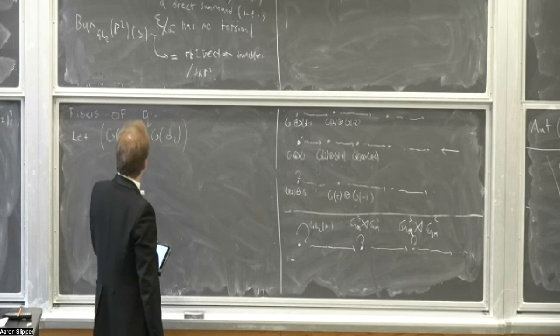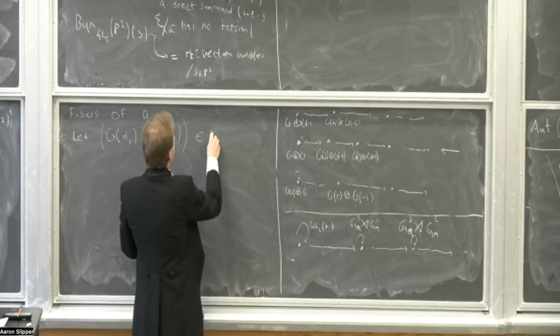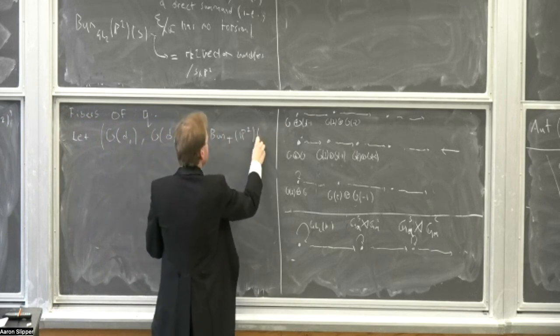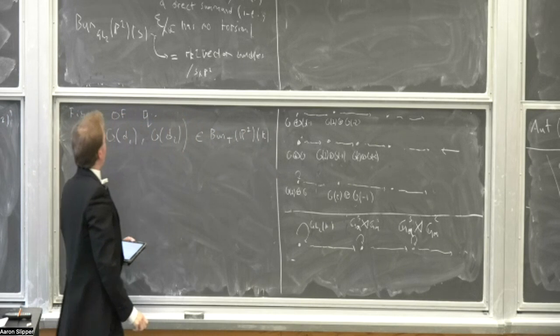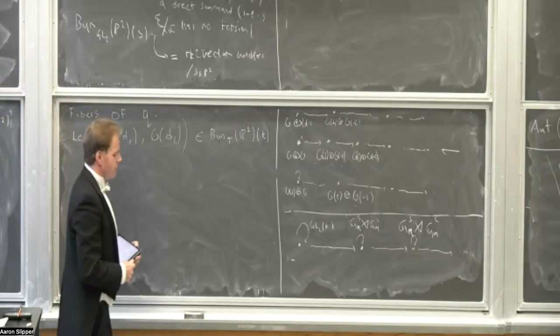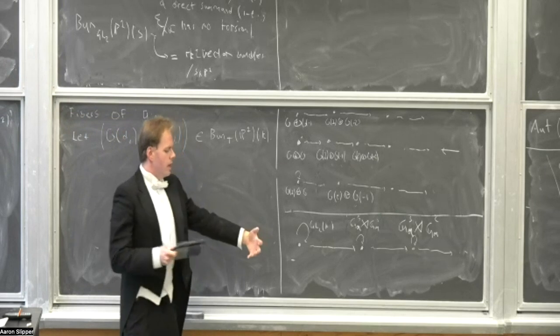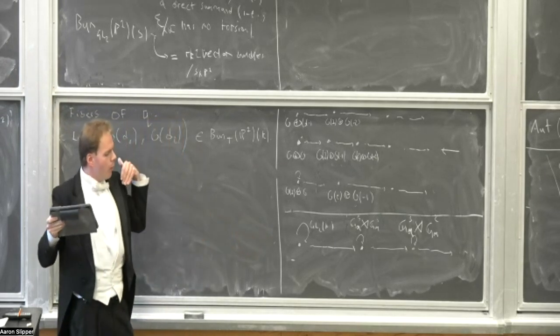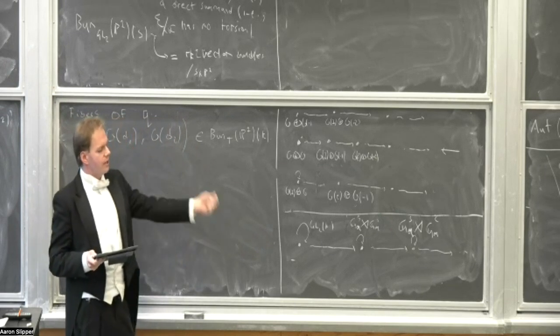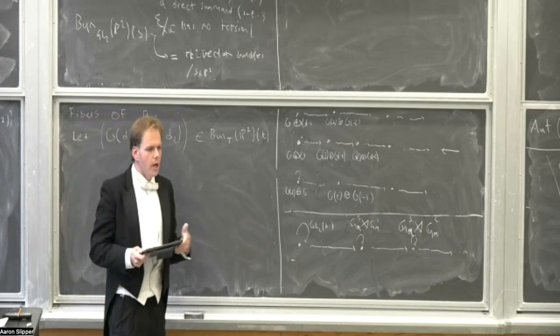All right, you want to know basically what the stacky fibers are of this map. So remember what stacky fibers means. They mean you actually look at the points that map to the corresponding points, but you look at the automorphisms that lie over the identity automorphisms.